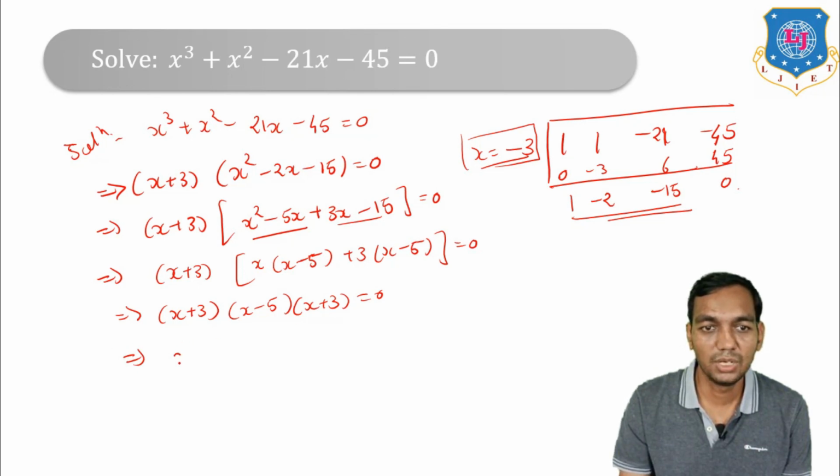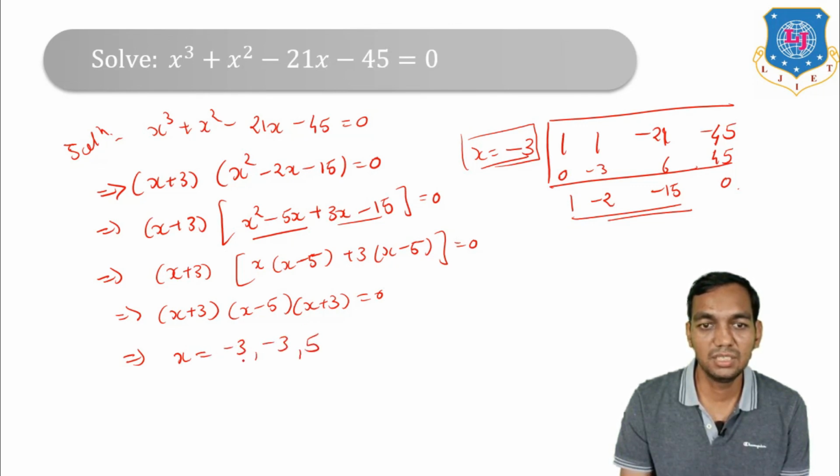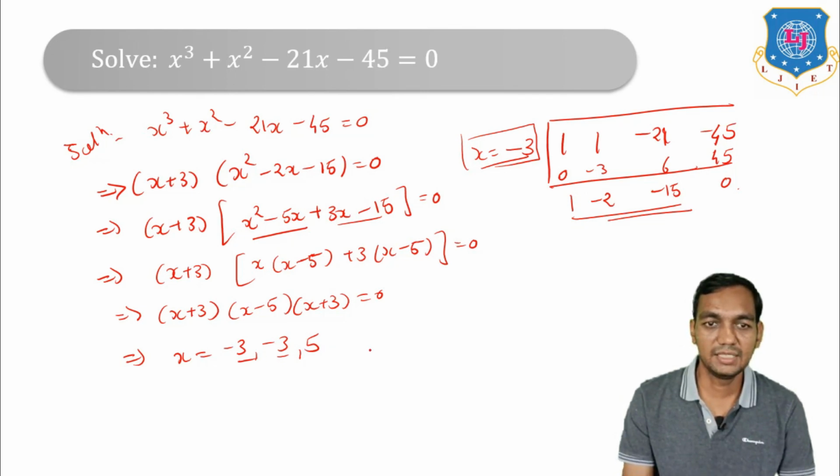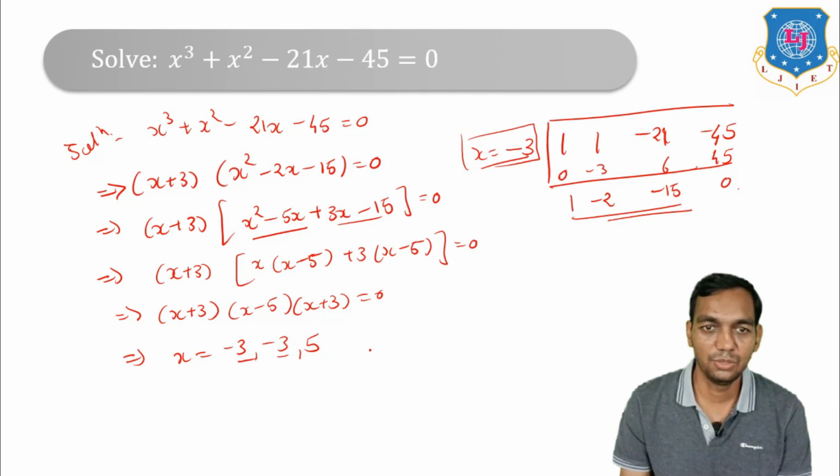So basically you have x plus 3 is equal to 0, that means x is equal to minus 3 and 5. Minus 3 we have 2 times, then we are writing it 2 times because we are finding the values. Okay. So here you have minus 3 and 5. So x is equal to either minus 3 or it has a value 5.